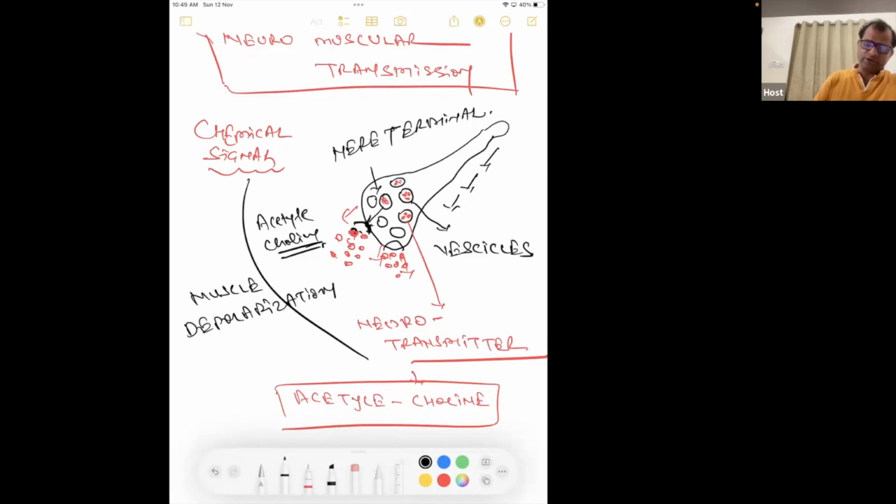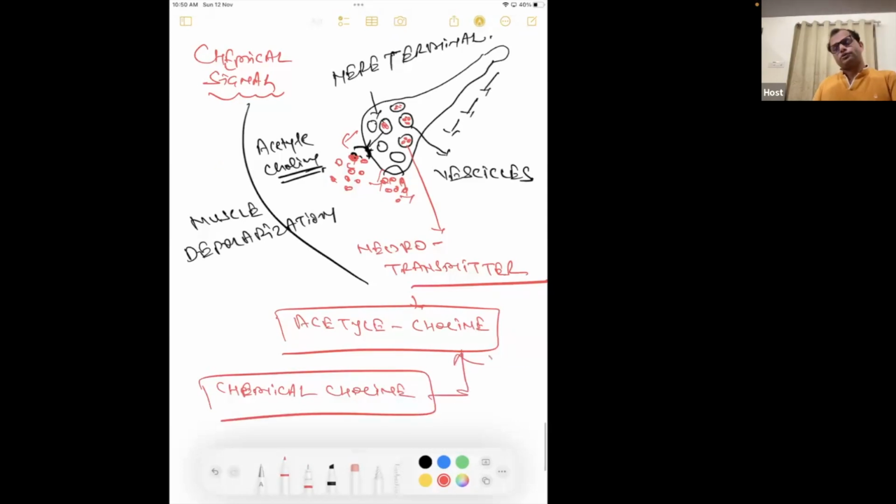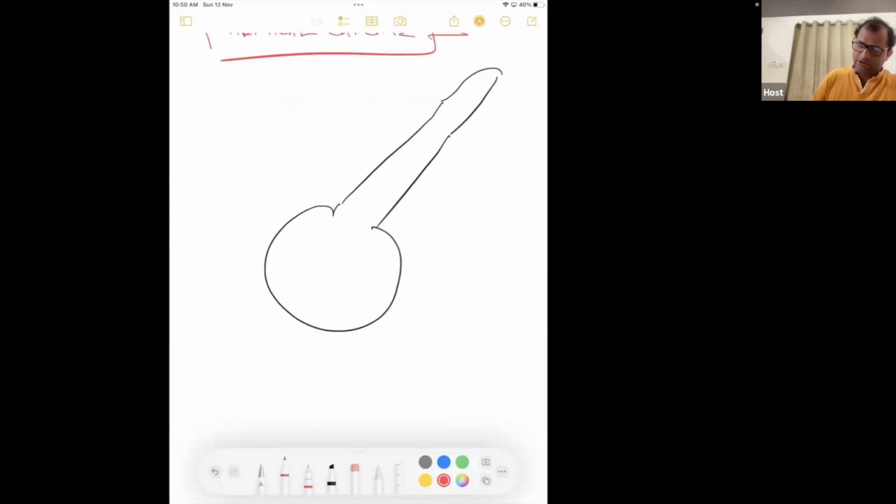So this acetylcholine is working in the synapse. We have seen now that chemical signal means acetylcholine. Generally, the formation of acetylcholine happens here only, and it is deposited inside the nerve.